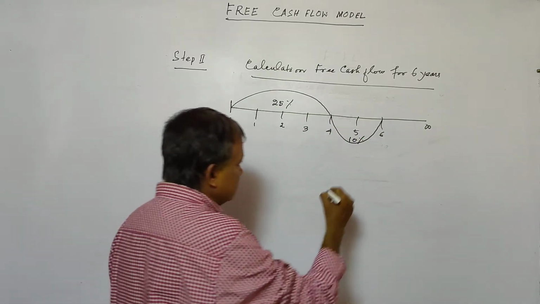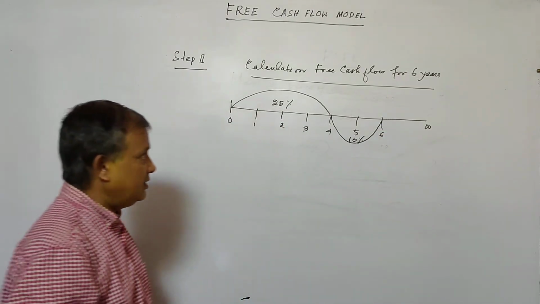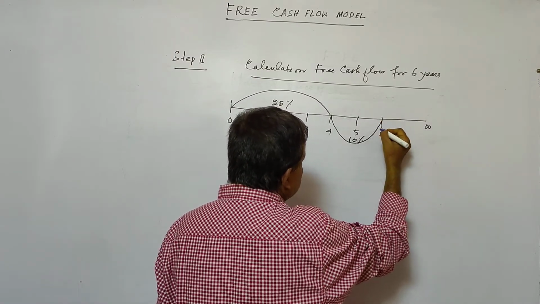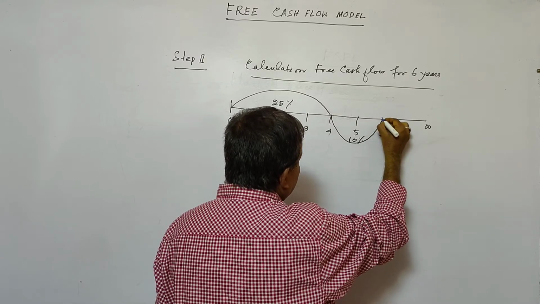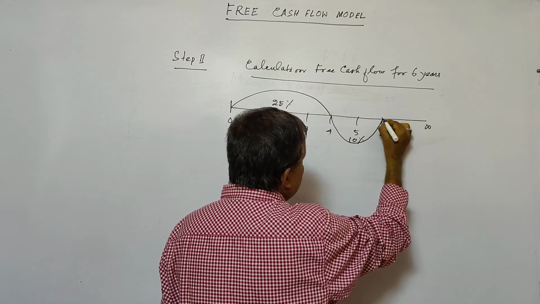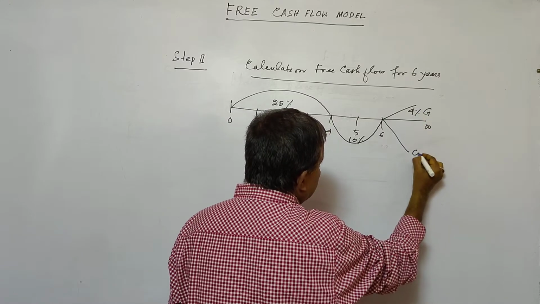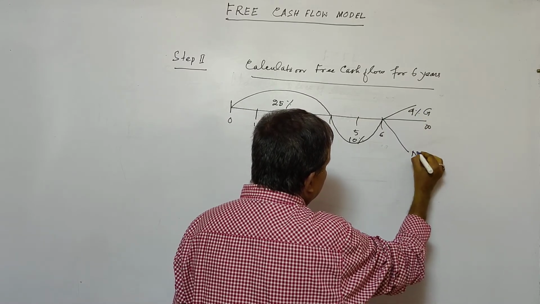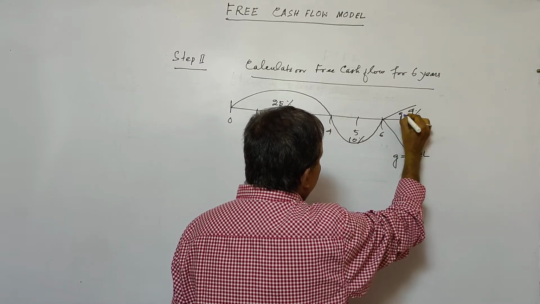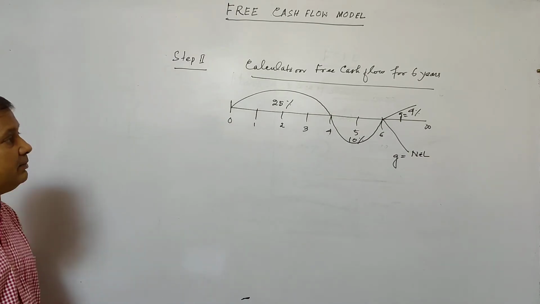Then from the 7th year onwards, after the end of the 6th year, there are 2 cases: either there is a 4% growth or there is nil growth.